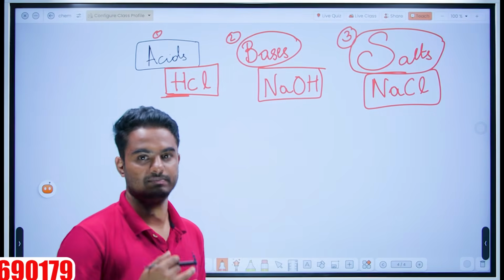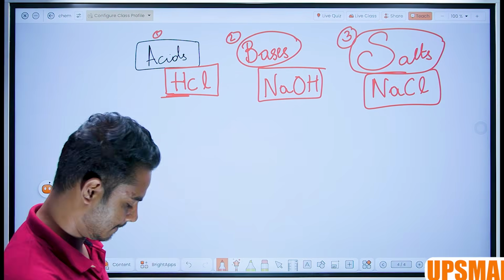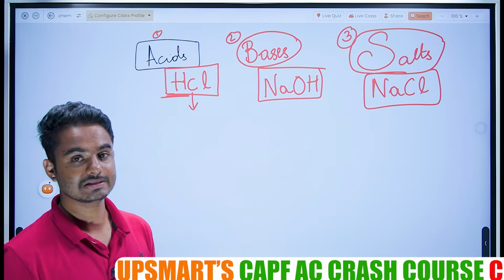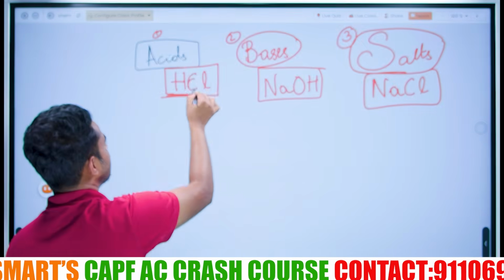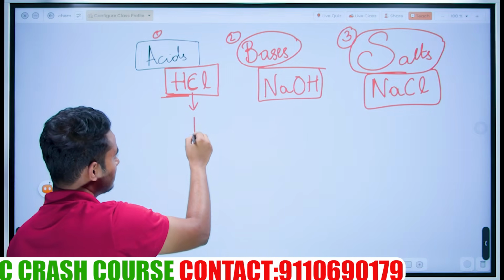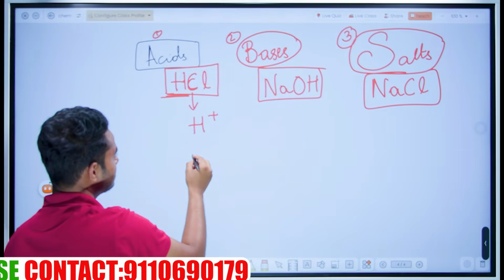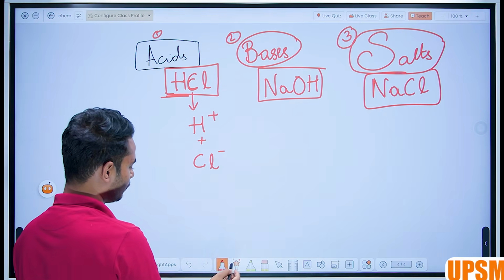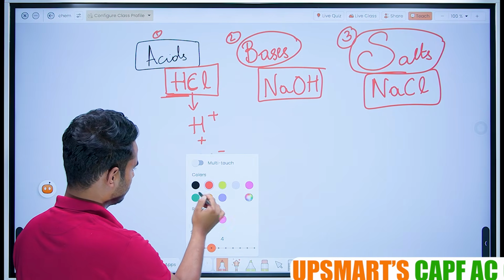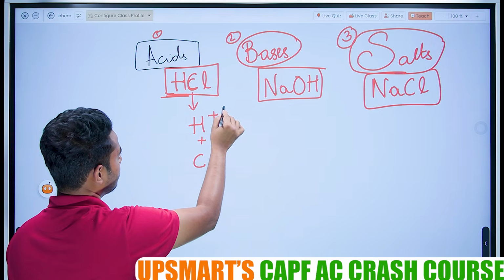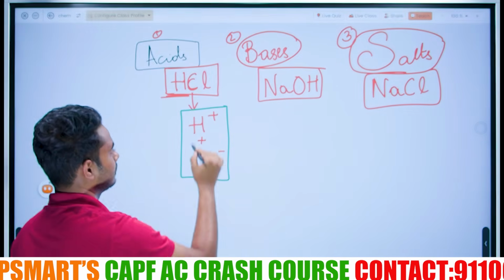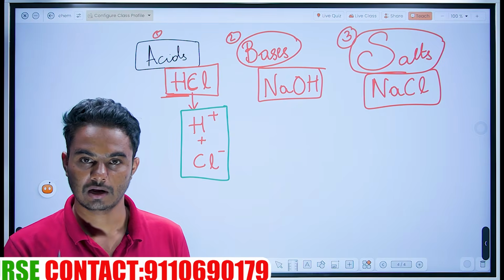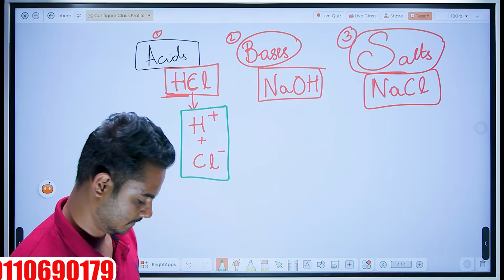So why acids, bases and salts? What is the meaning? See, if you mix hydrochloric acid HCl in water, it separates as H+ and Cl-. These two ions will be obtained: hydrogen ion and chloride ion.